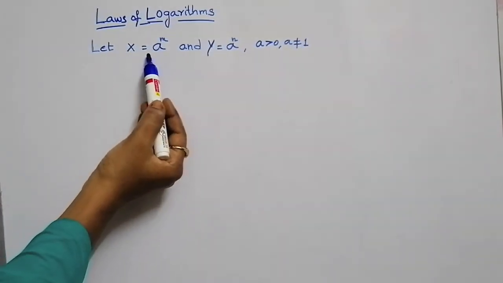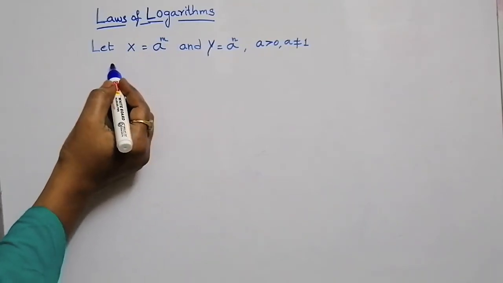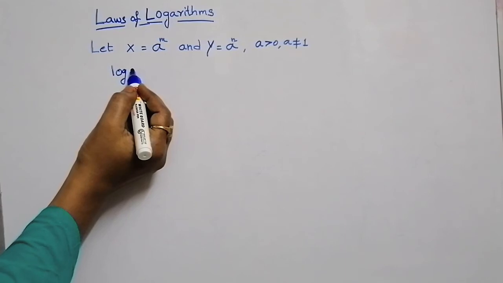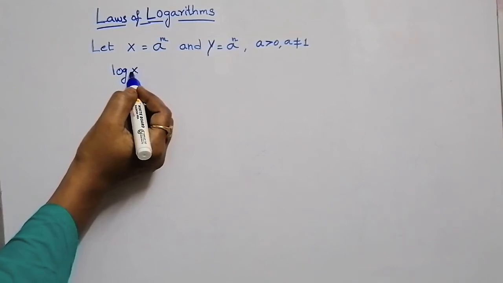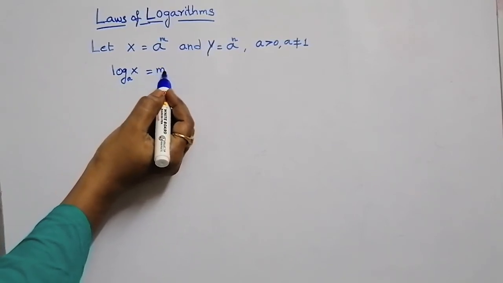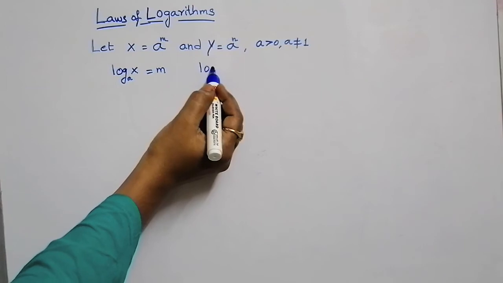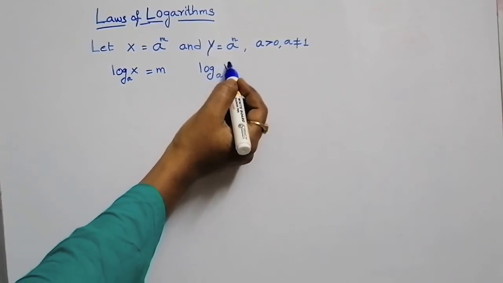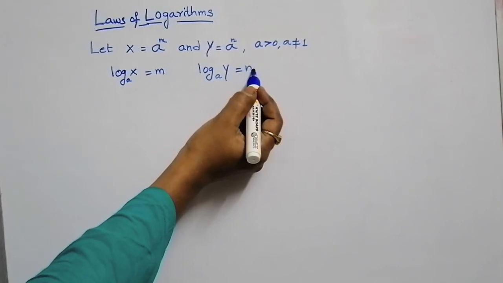This is x is equal to a power m. Now write the log form here. Log of our number x to the base a is equal to m. Here log of our number y to the base a is equal to n.